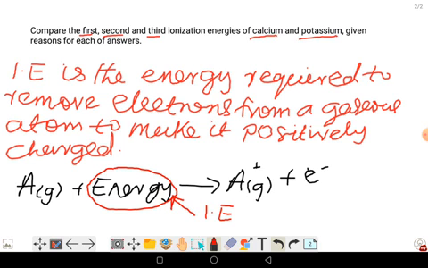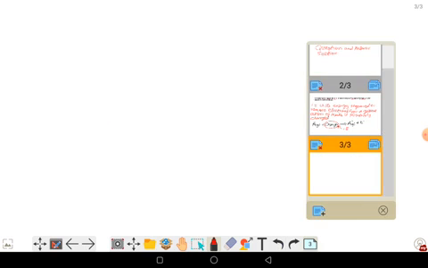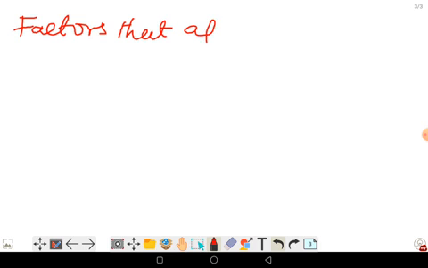Now, based on this question, there are some factors that actually affect the ionization energy of any atom. Factors that affect IE.